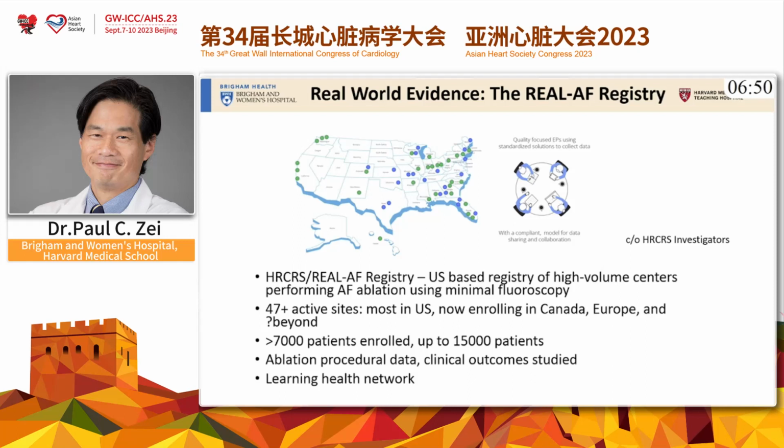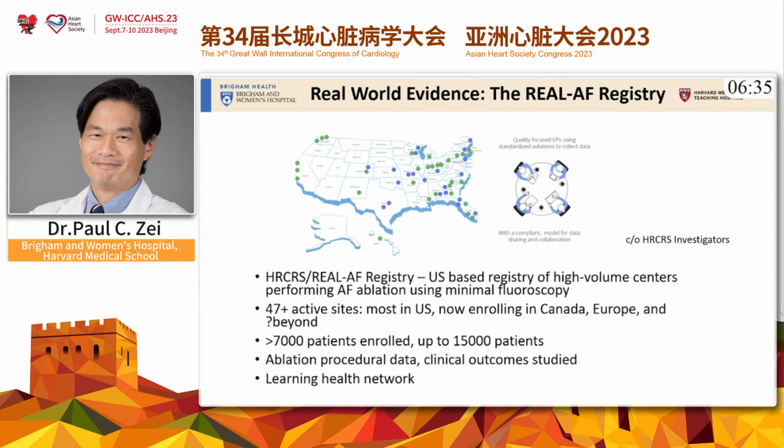There are, of course, many society-sponsored registries, but this is a very specific registry that is primarily US-based, and now we have sites in Canada, Europe, and beyond, where we've enlisted sites and operators who are already performing very high volumes of ablation procedures.